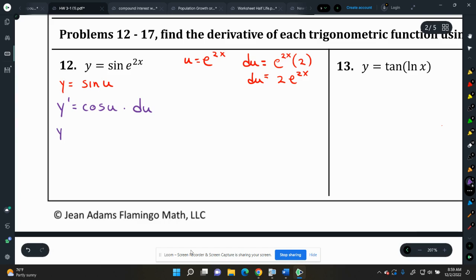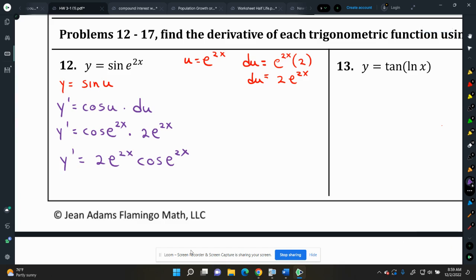So y prime equals cosine u, which is e to the 2x, times du, which is 2e to the 2x. So we're just going to move that in front. Didn't that feel easy?